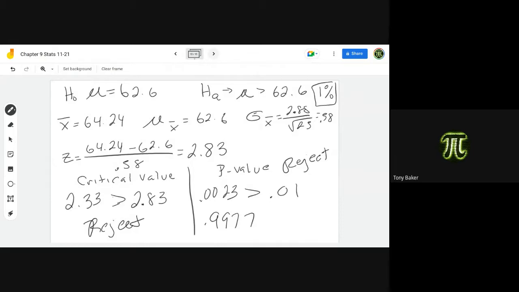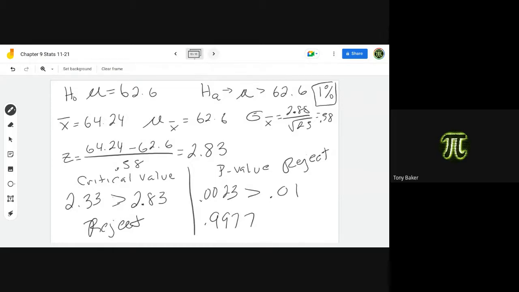So, the critical value, we still needed to do the 2.83. No matter what, we still needed to get that number. The only difference is this one, instead of looking for the 2.83, I'm looking for 1%. So when I go back to the table, on the positive side, I'm in essence looking for 0.99.